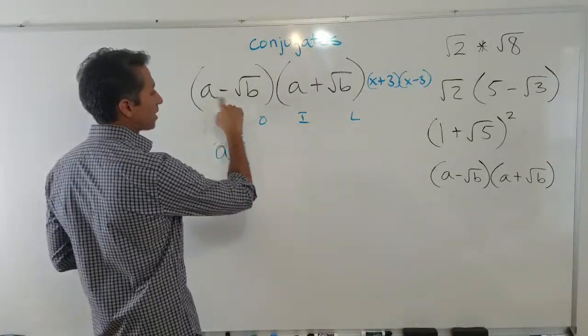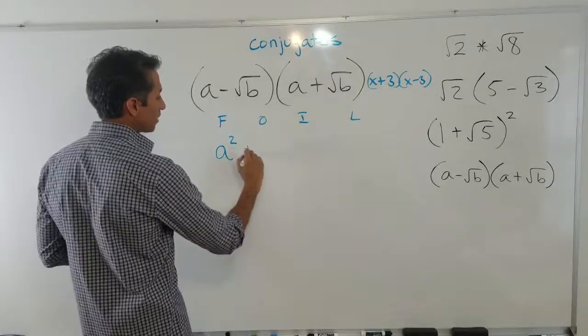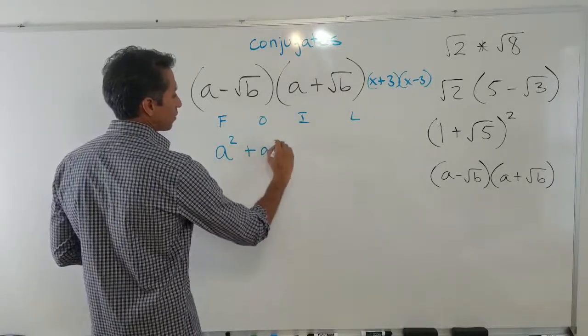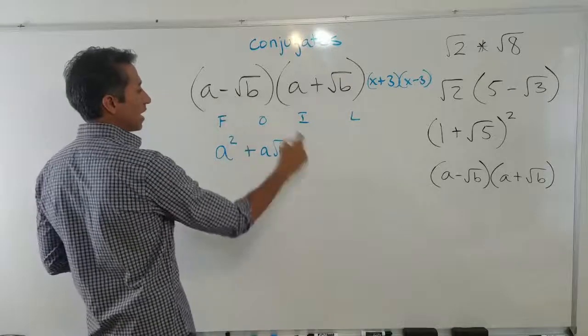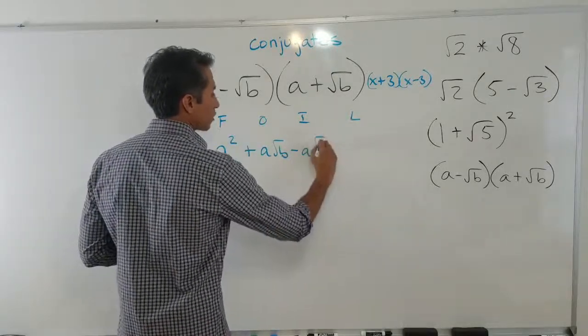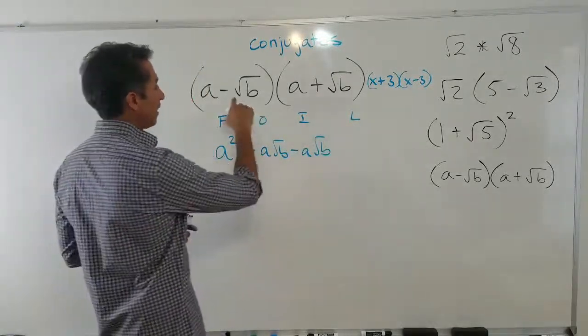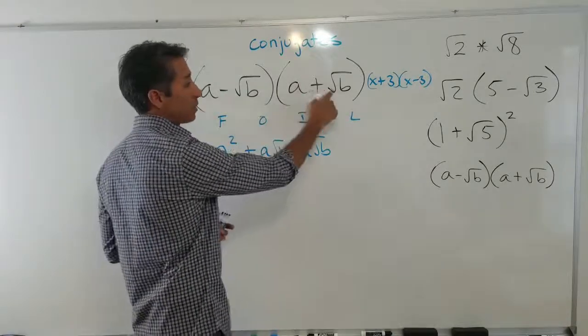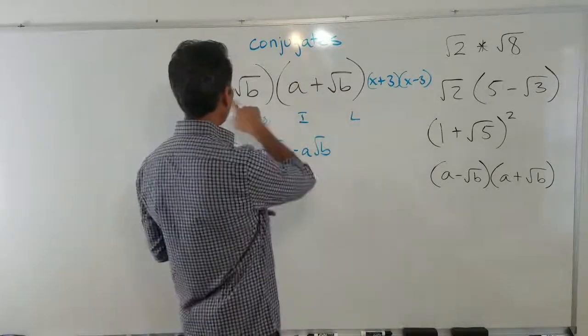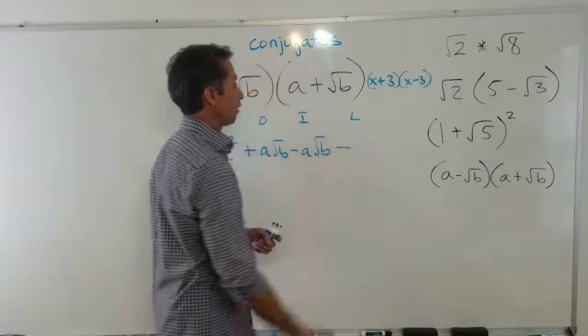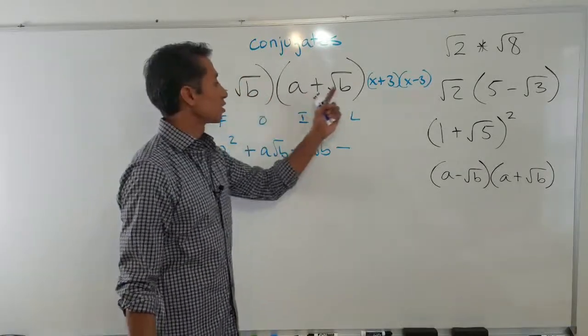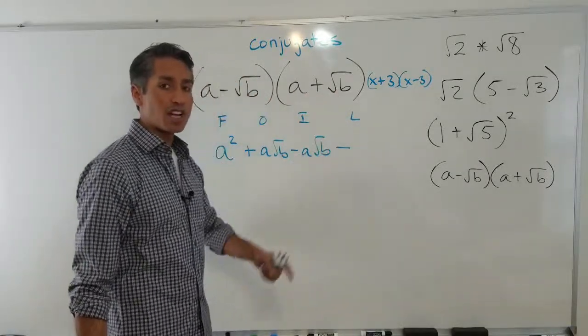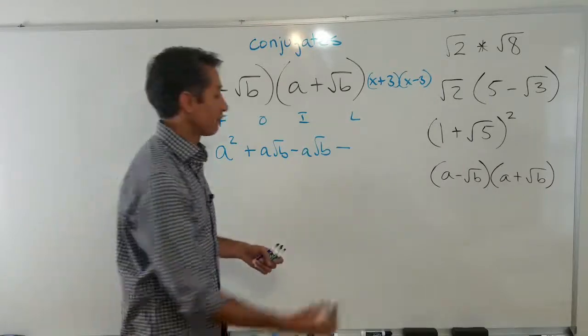Outside is going to be A times square root of B, which is a plus A square root B. Inside is going to be a minus A square root B. And then we have a negative square root of B times a positive square root B. Well, a negative times a positive is going to be negative.